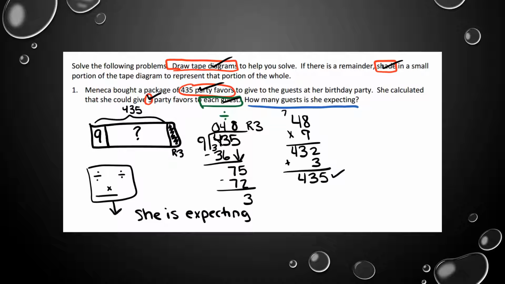So 49 would not be correct, so I'm going to go with 48. Okay, 48 guests. This way, she will have those extra 3 party favors that no one will get, but she'll have enough. If we go with 49 guests, then she will not have enough party favors for everyone. And now I can check off the question because I answered it.